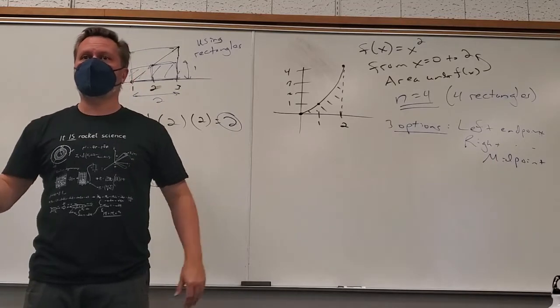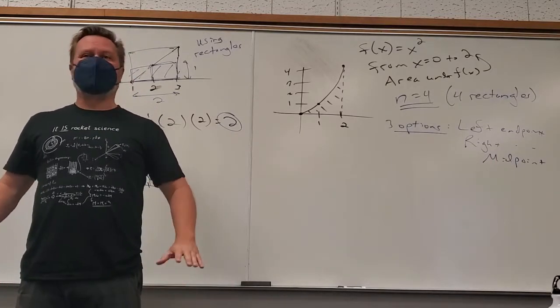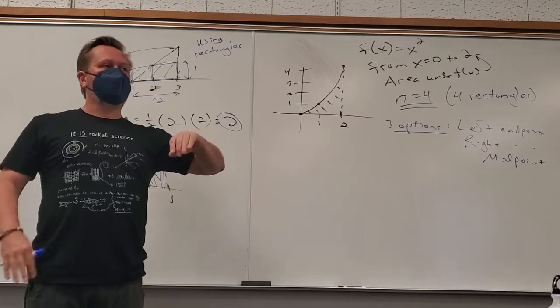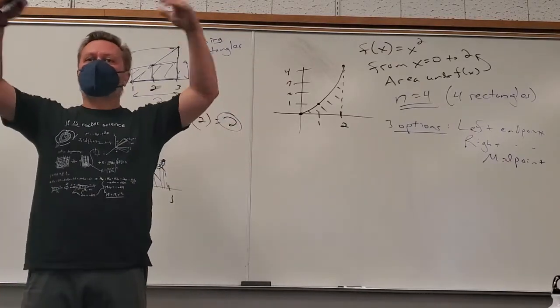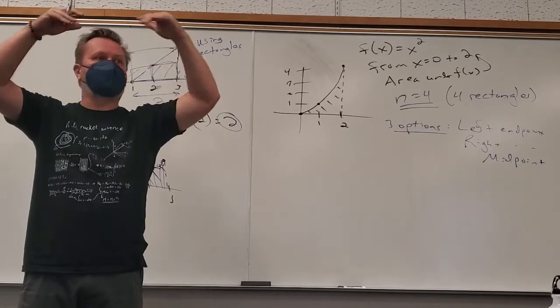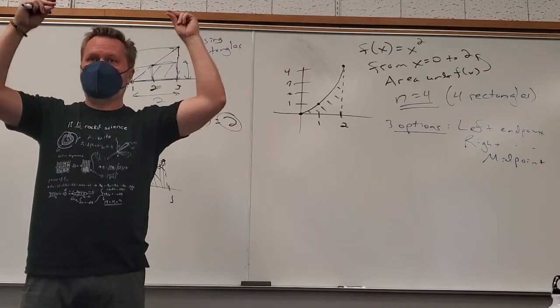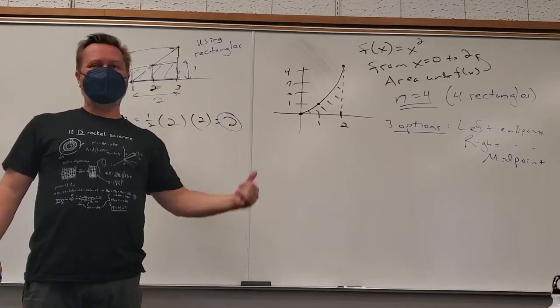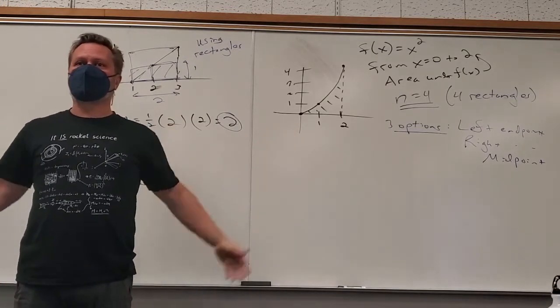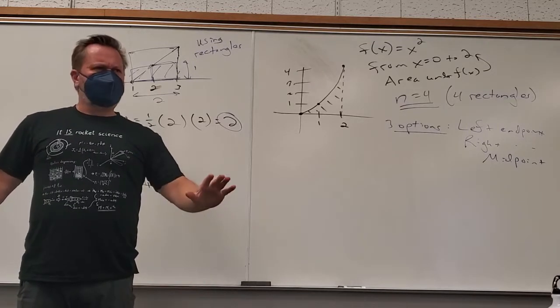And what's the biggest we can let n be? We can allow it to go to infinity. So we're going to do the entire process, but then we're going to take the limit as n goes to infinity. Because whatever answer we get then is the exact answer. It's not an estimate anymore. If I get infinite resolution, I'm golden. You guys with me a little bit?